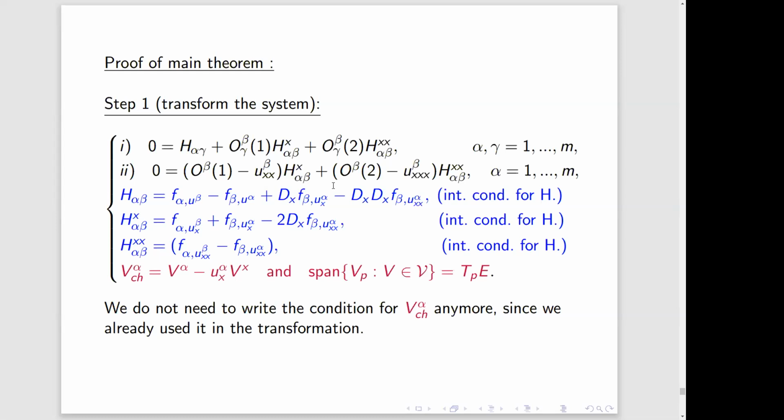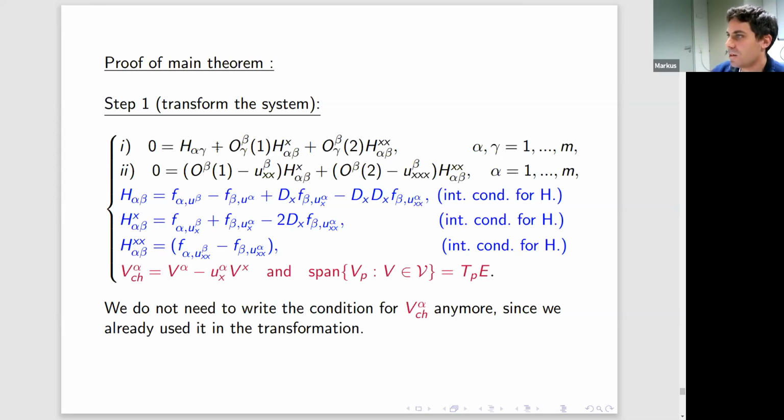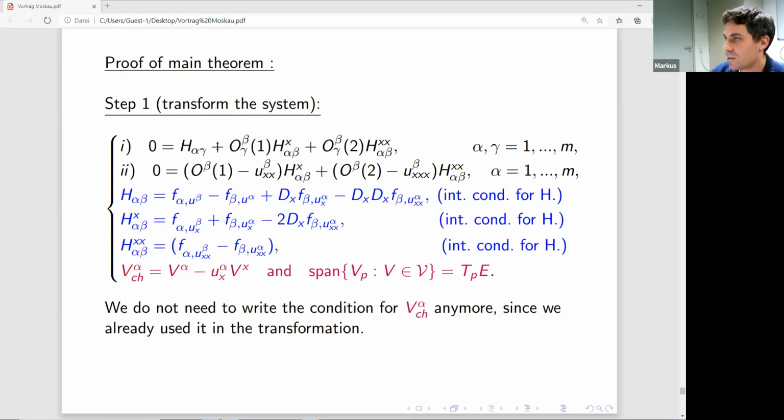But for example, let's say you have the equation u_xx equals 0. Then it has the symmetry ∂_x, so it does not explicitly depend on x.